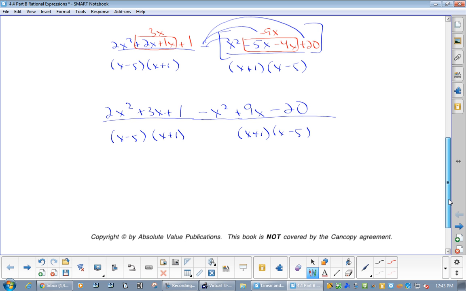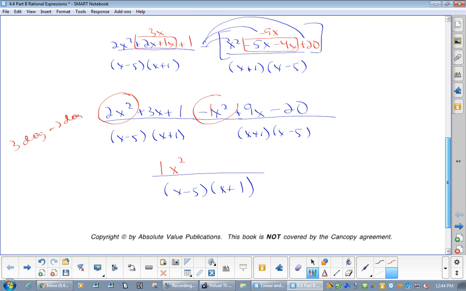Now you just want to have over your common denominator, and we're going to get like terms together. And if you've got to circle them or highlight them or whatever, but I have a 2x squared and a negative 1x squared. That is 1x squared. You can never get rid of the variables when you're adding and subtracting. It's like if you have 3 dogs minus 2 dogs, the dog stays.